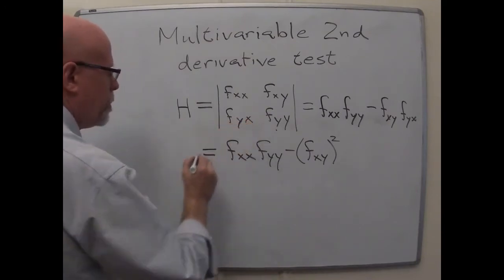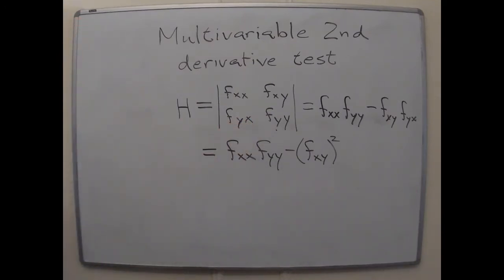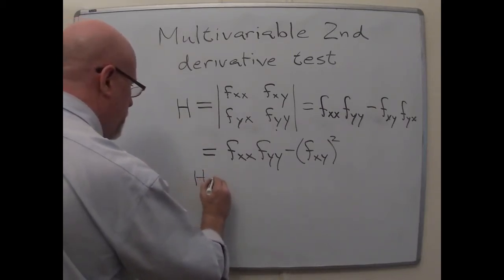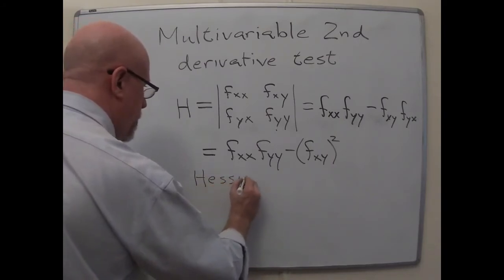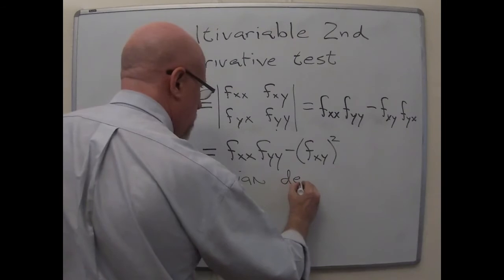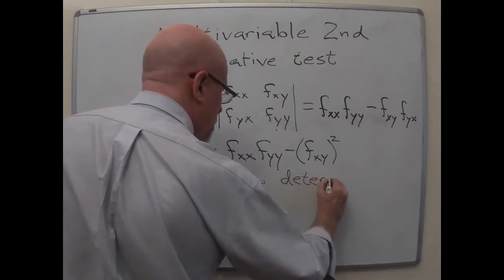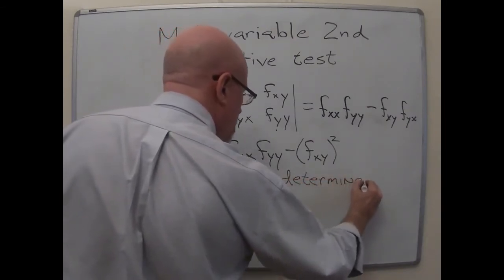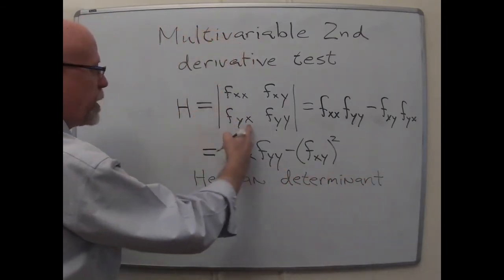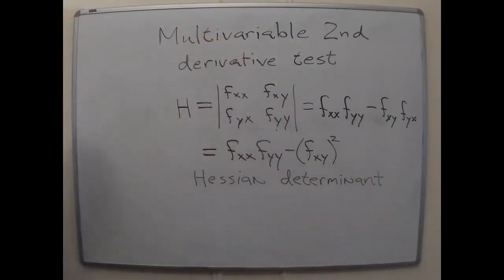Broke the matrix while I was doing that. And I still have, I said it, but I didn't write it down, so I think I better do this. This is called the Hessian determinant. The matrix right there, that little 2 by 2 matrix, is the Hessian, and so we're taking the determinant of it.